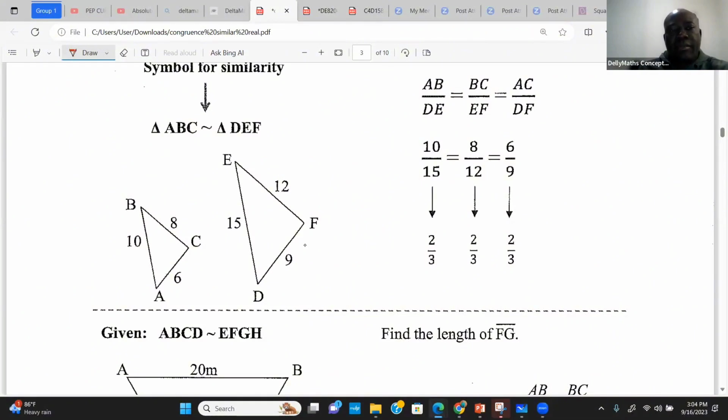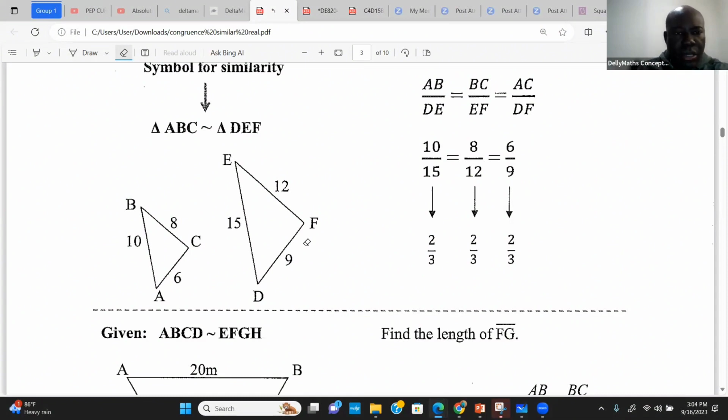And the symbol for similarity is this. And when they're similar, there is a scale factor that would have changed one shape to the next. The moment it is unique for all sides with their corresponding sides, then they are similar, even if it is one. And that is why all congruent shapes are similar, right?